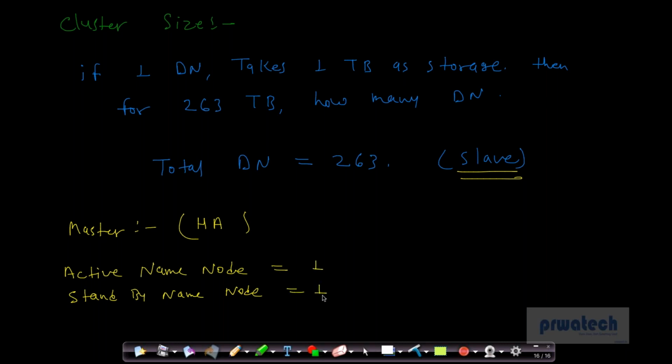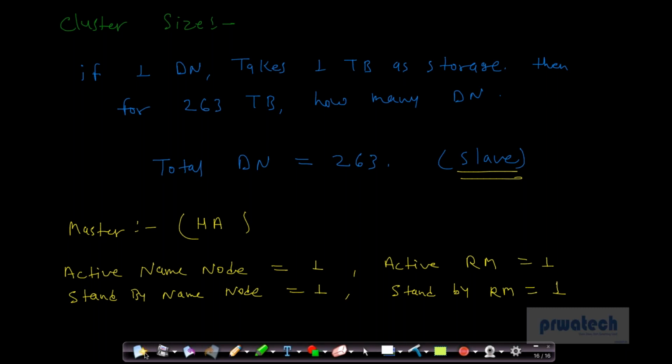If the active is down, the standby will work. Same thing goes with the resource manager, RM for short, which is part of MapReduce and YARN. Active resource manager is 1, and similarly standby resource manager is 1. So 1 each, this is total 4, and this is 263.